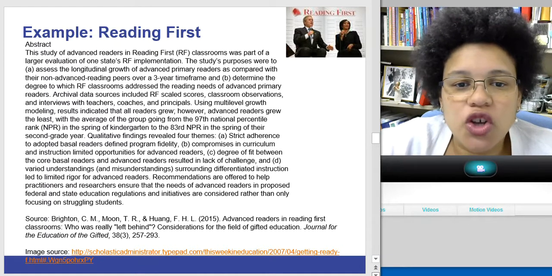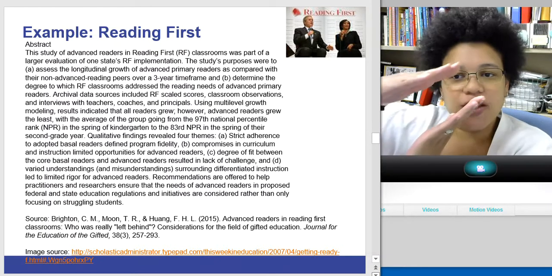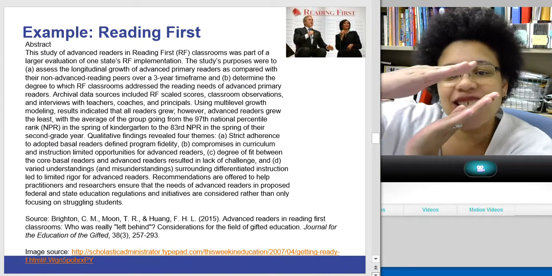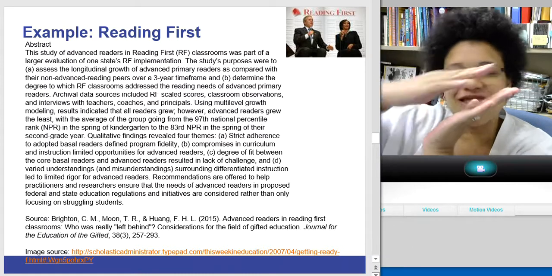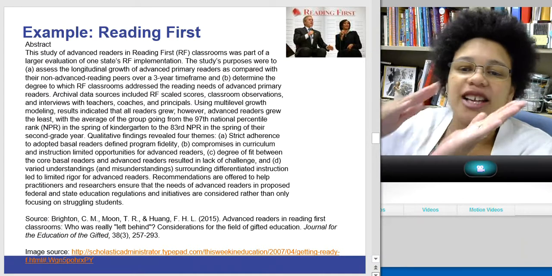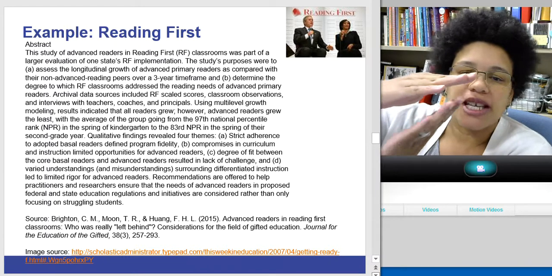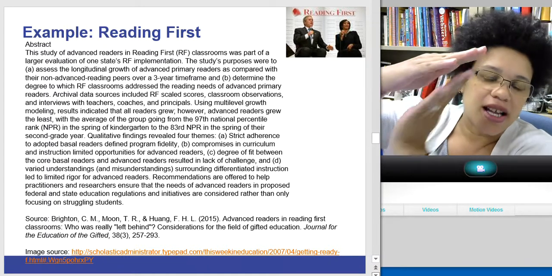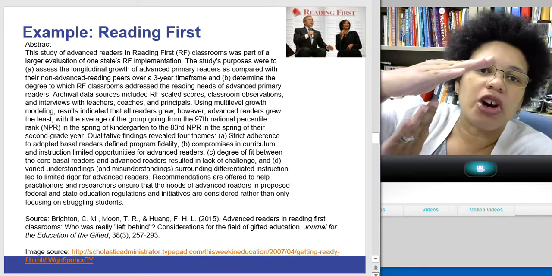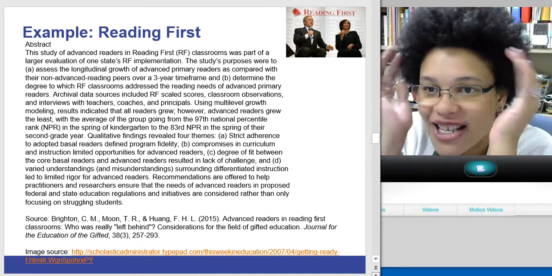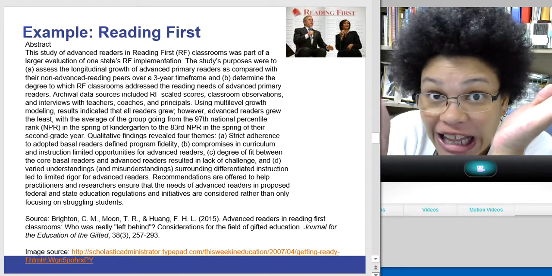What they found out was that the gifted kids' growth flattened out, whereas for the more typical kids the curve was steeper. So you're looking at that as a researcher, and the question is why?